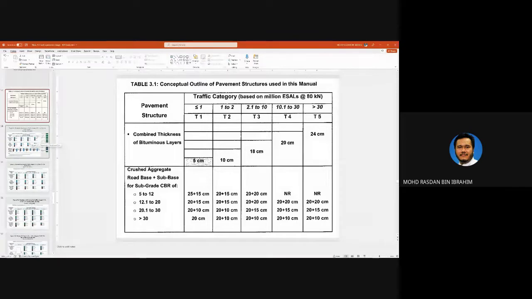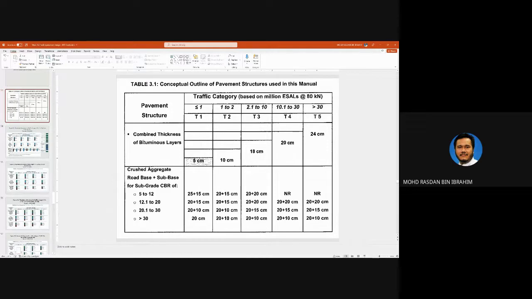And this is the general conceptual outline. Relationship between the ISAL and the pavement structure, traffic category T1, T2, T5. So if the ISAL is here, the option that you can have is the combined thickness here.